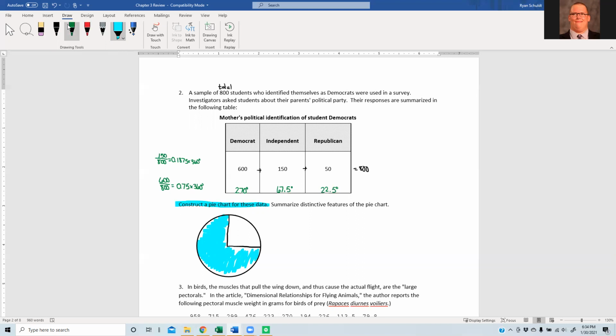Okay, so there's Democrats. Now let's see. Independents, I need 67.5 degrees, which is really like 3/4 of the remaining wedge here.